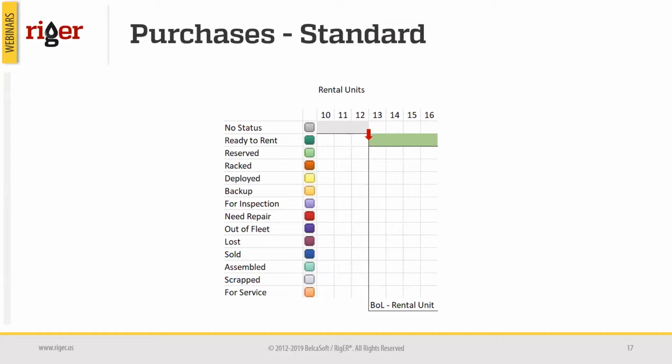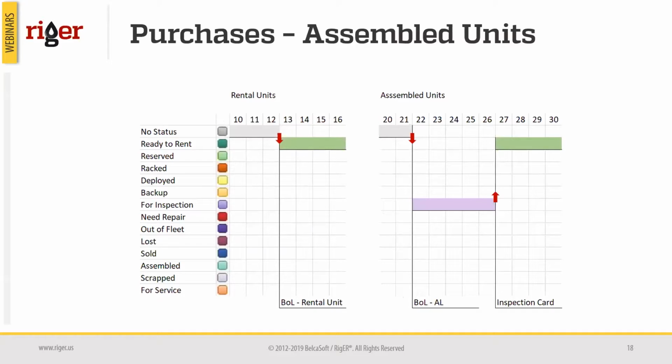So when we do the purchases and post the bill of lading, the equipment will go from no status to ready to rent. There are more advanced options when we have assembled units, which already come to us as a pre-built set of different rental units.